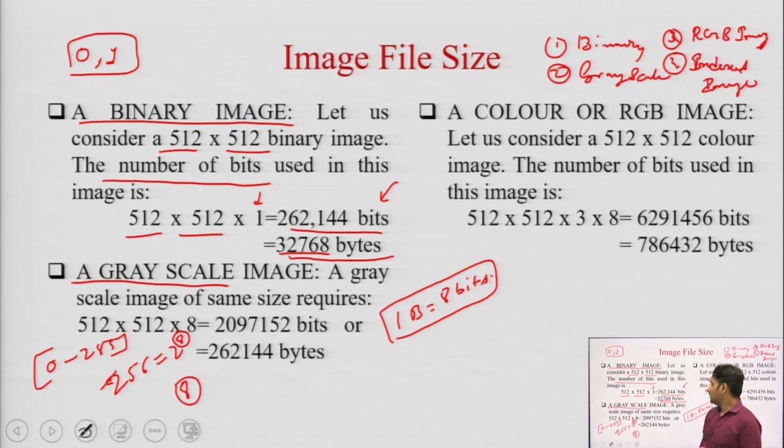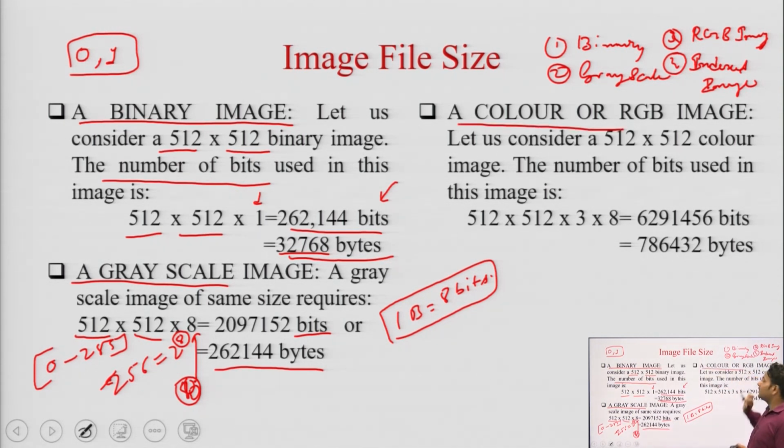So, see, if we have 512 rows, 512 columns, then how many bits are we choosing here? That is 8. So, 8 we multiply with this one, and after that you can find the size in bytes in this manner and bits in this manner. So, around 26 MB is the size of this gray level image.